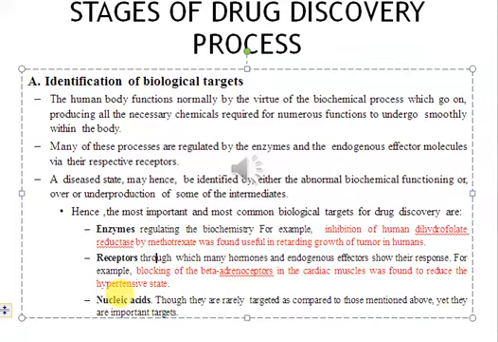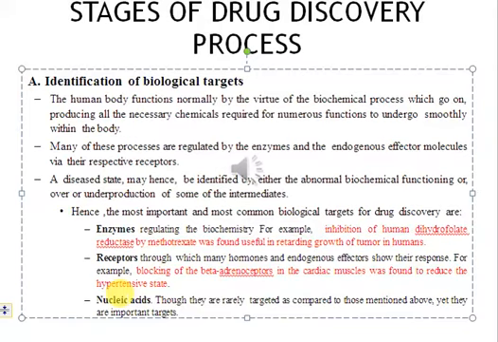Lastly, we have nucleic acids. Nucleic acids are normally not targeted very frequently, but they are important targets as well, right? So there are three important targets that we have to identify in the drug discovery process. Targeting means to find out where the problem lies.